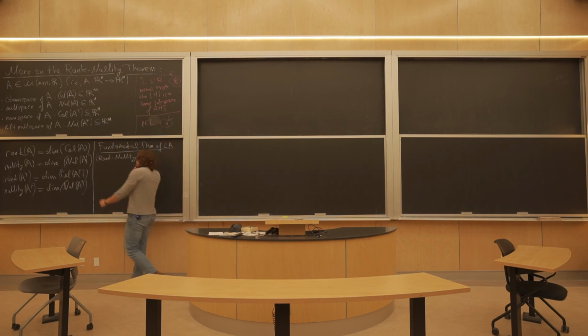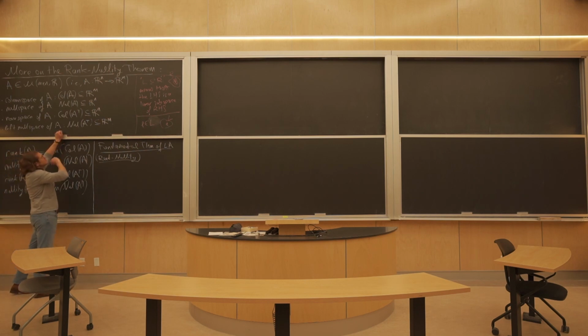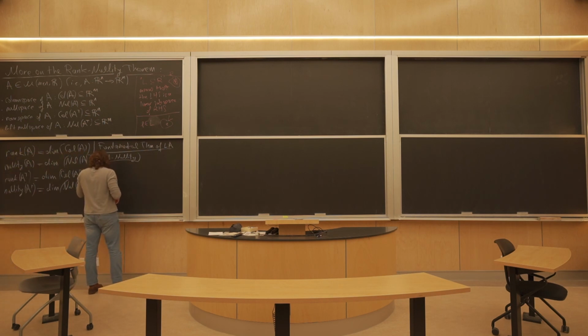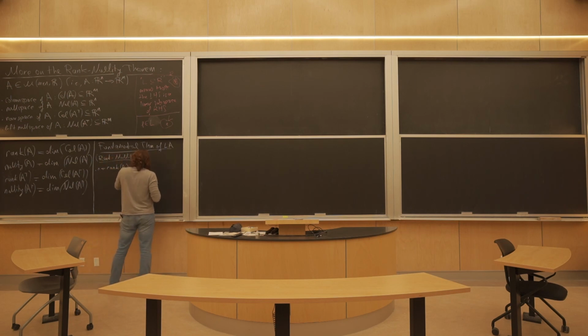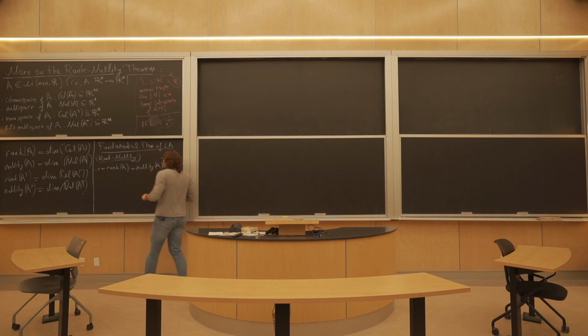Okay, so the first step says this. The rank and nullity of A, so when you add them up, you should get back the dimension of the input. So n should equal rank plus nullity of A. And the way I think about it is that this is the dimension that A collapses, right?